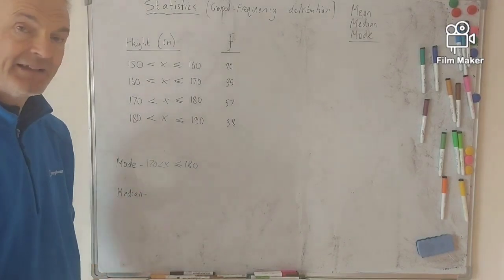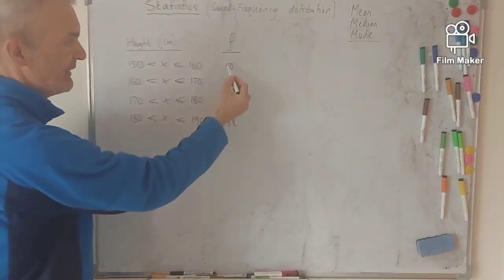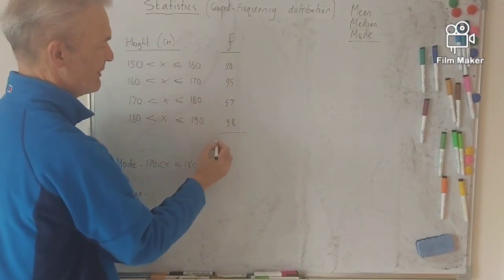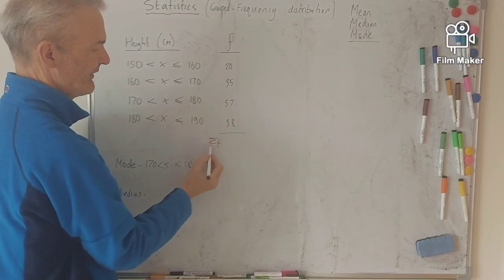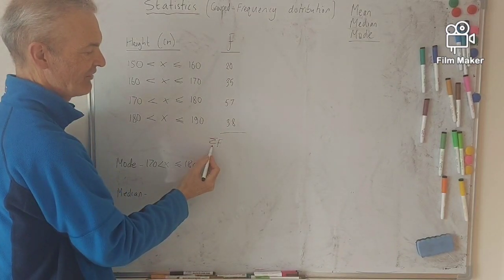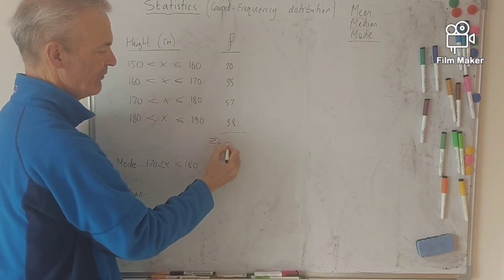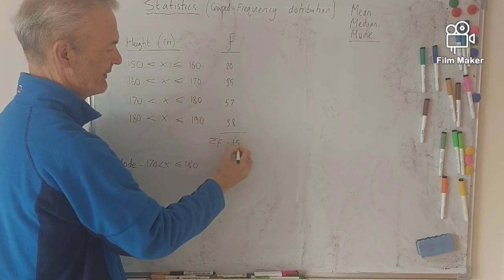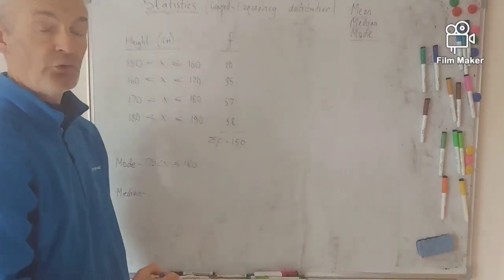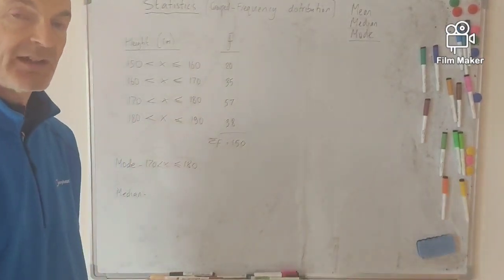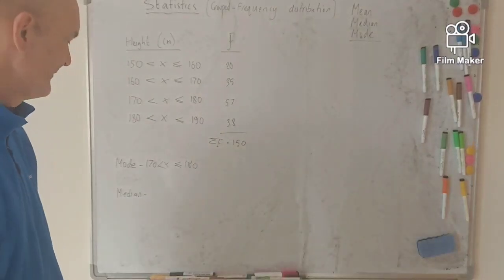So the median, if you remember the median, it's the middle one. So if we add up our frequencies, remember sigma f, that sigma just means sum or add up. So we add up all the f's and we are going to get 150 there. So 150 people were surveyed and their heights were recorded.